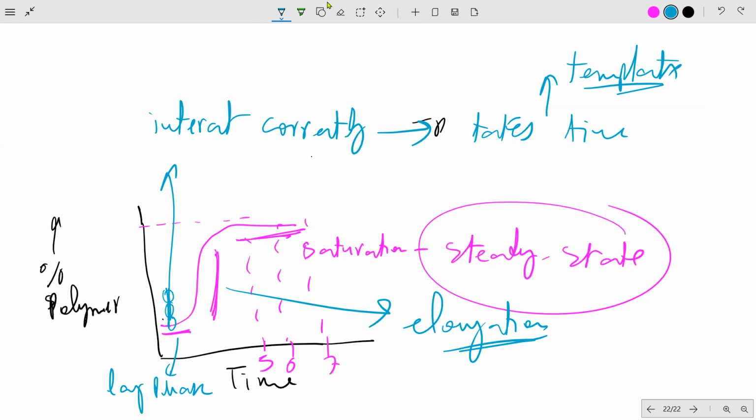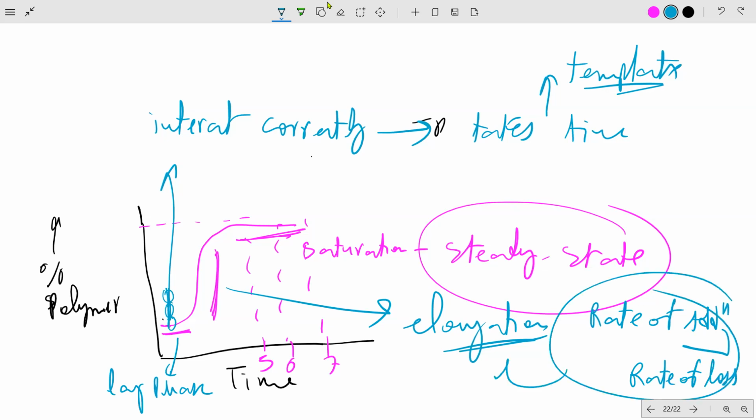And during elongation, हमें पता है the rate of addition should be more than rate of loss. तो addition ज्यादा होना चाहिए और loss कम होना चाहिए. तभी elongation होगा. मतलब during elongation क्या हो रहा है? The rate of addition should be higher than rate of loss. Only then the elongation will take place.